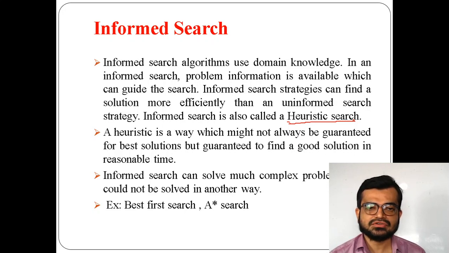Whereas in informed search, as it is flexible in finding the solution, a complex problem can also be solved in an optimal way. I'm not saying the best way, I'm saying an optimal way. Examples of informed search are best first search and A star search.